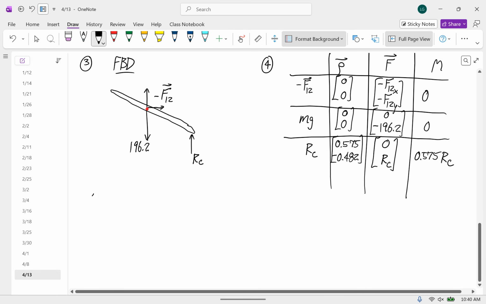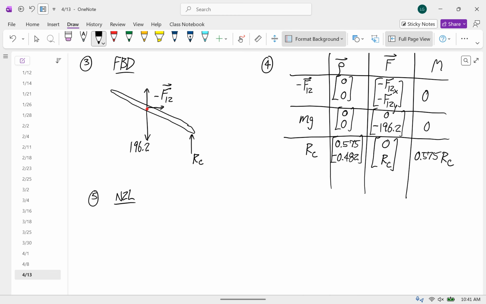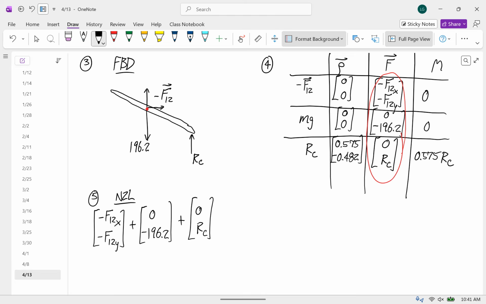Do we need Newton's second law for this one? Yep. And so we'll add up all of these. So negative F12x, negative F12y, plus 0, negative 196.2, plus 0 RC is equal to the mass, 20, times the acceleration of the center of mass.